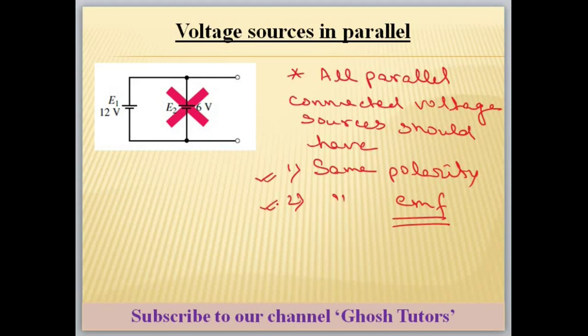Voltage sources can be connected in parallel only when they have the same polarity and the same EMF.